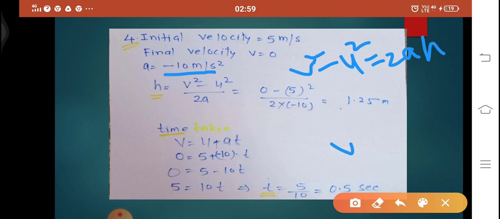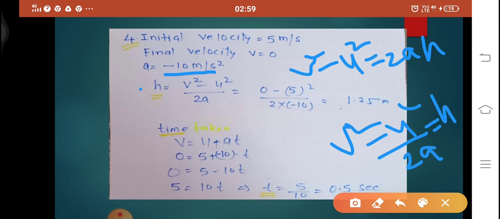So it will become v square minus u square upon 2a equal to h. So final velocity will be 0, initial is 5, 2a, acceleration is minus 10. So the answer is 1.25 meter.